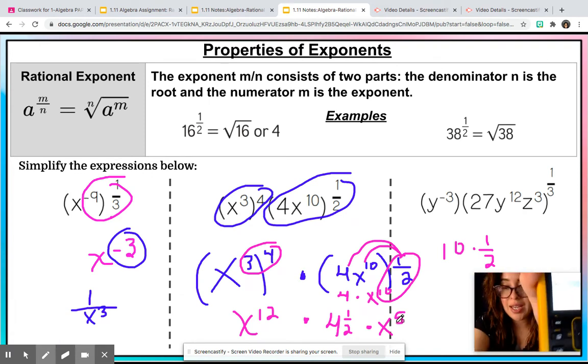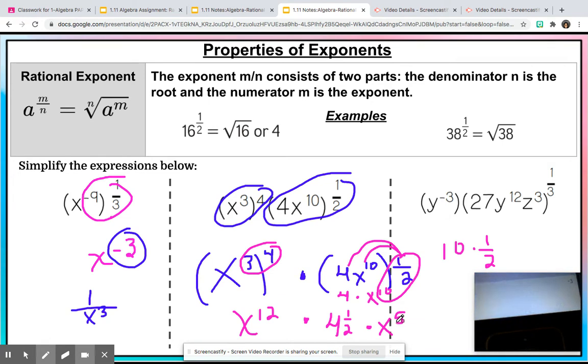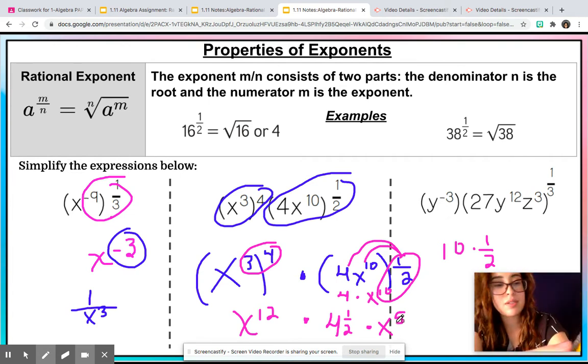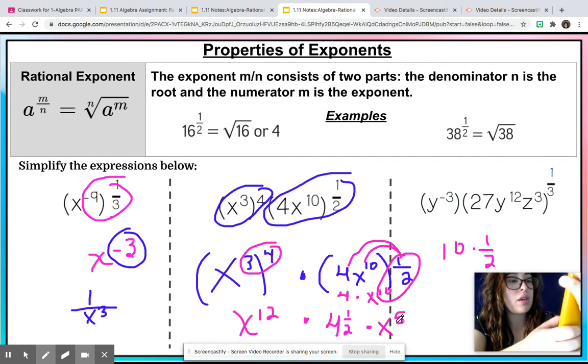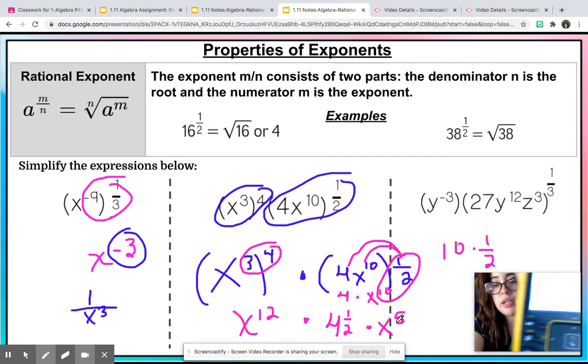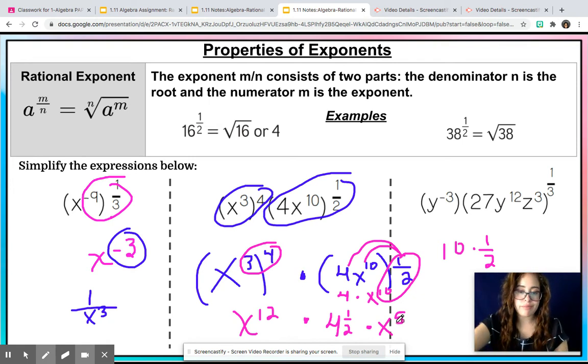So I'm going to put 10 into my calculator. So there it is, 10 times, and then I'm going to press that fraction button and put 1/2. And it is equivalent to 5. That's how you get it.